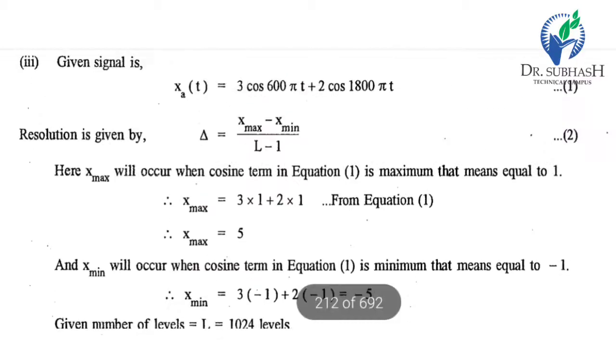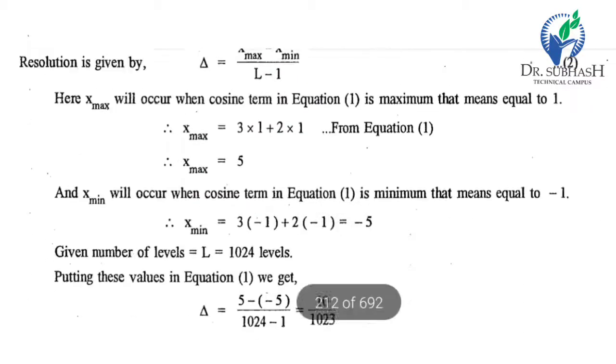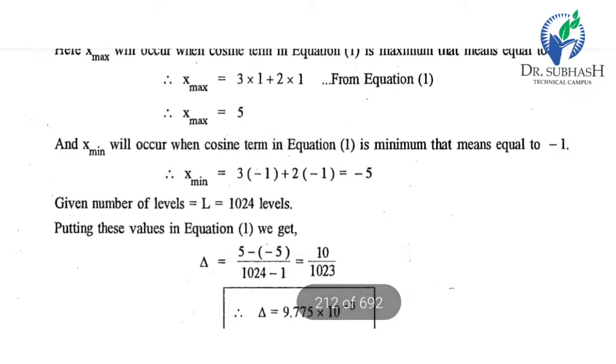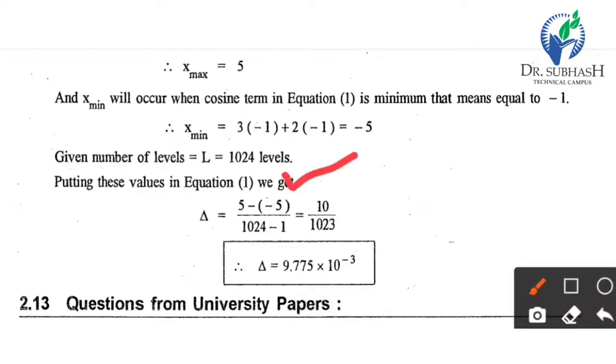And in this equation we have L equal to 1024 levels. So delta equal to x max minus x minimum divided by L minus 1. So x max equal to 5 minus x minimum, that is -5, divided by 1024 minus 1, that is 10 divided by 1023.